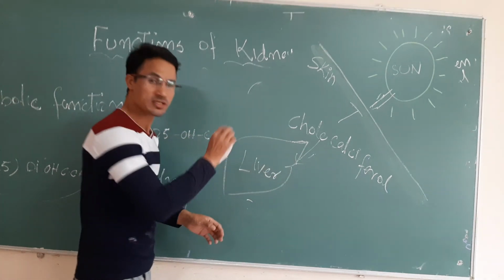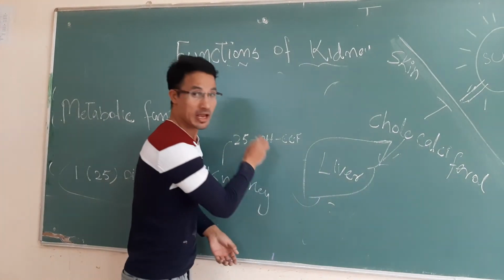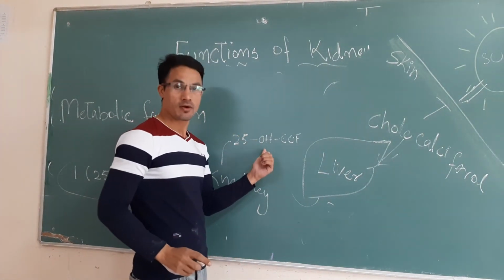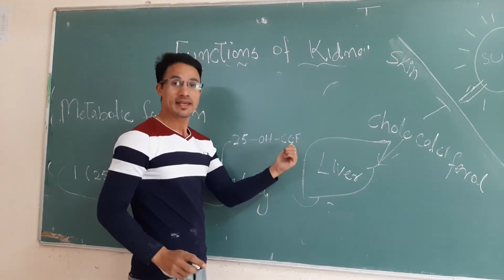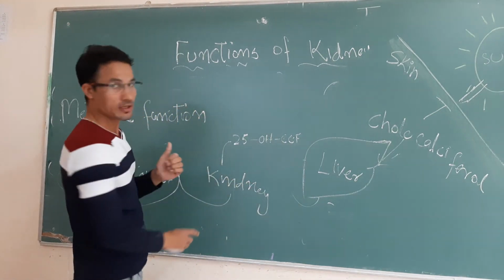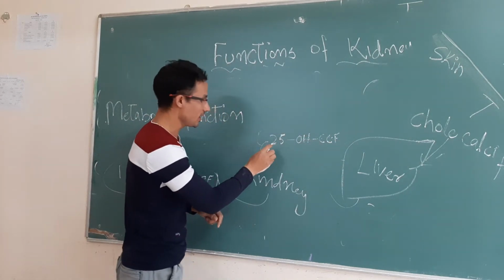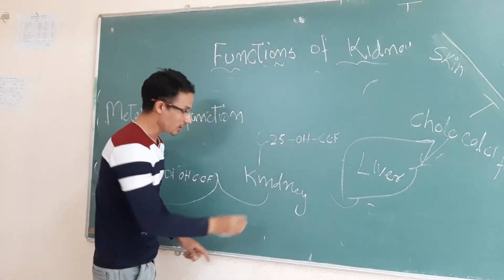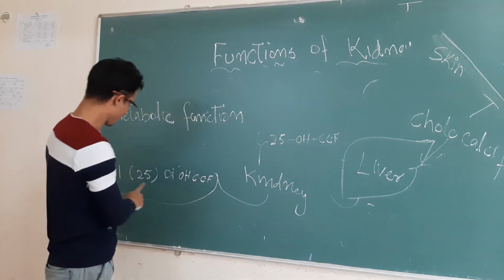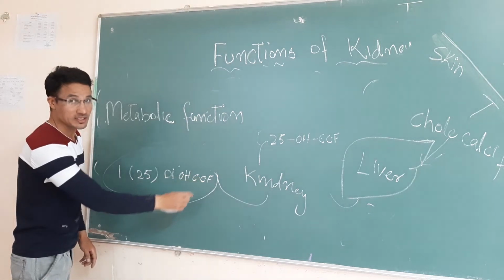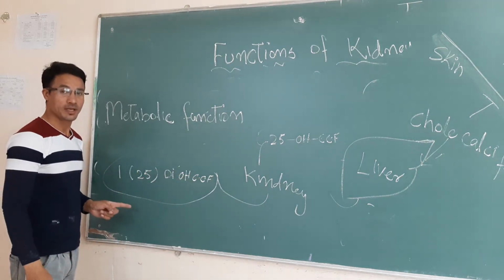The liver produces another special enzyme, forming 25-hydroxycholecalciferol. This is still the inactive form of vitamin D, and it will go into the kidney. The kidney helps to form 1,25-dihydroxycholecalciferol. This is the active form of vitamin D.